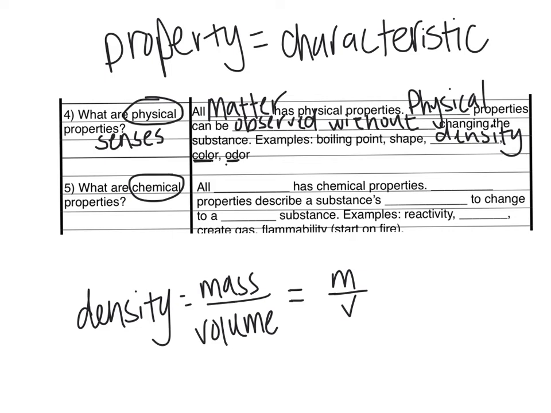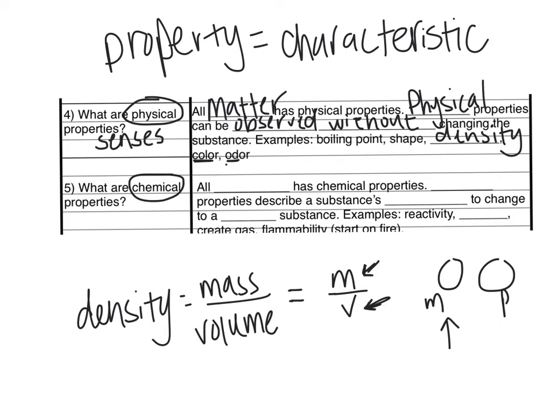So how much stuff is inside something and how much space that thing takes up. So when you're comparing a marble to a ping pong ball, they could probably be the same size, but the marble would be more dense. A ping pong ball is just air inside, so it doesn't have a whole lot of mass.